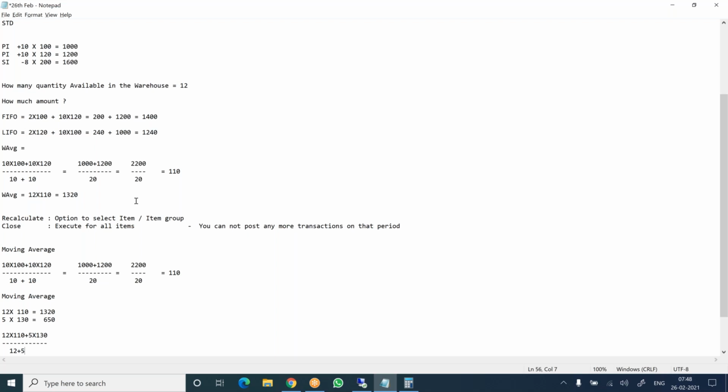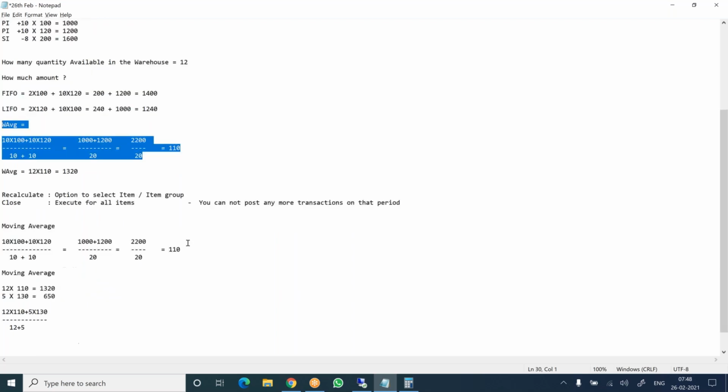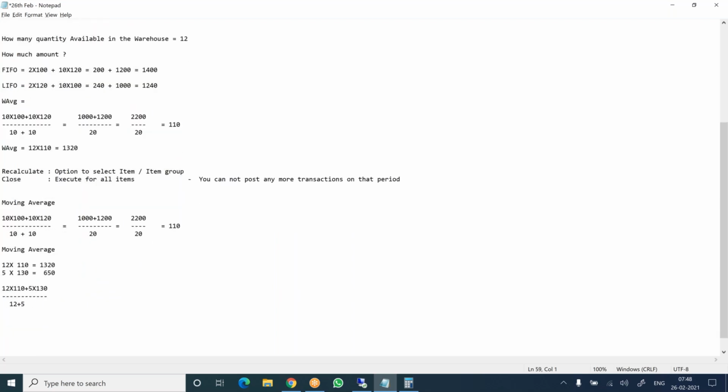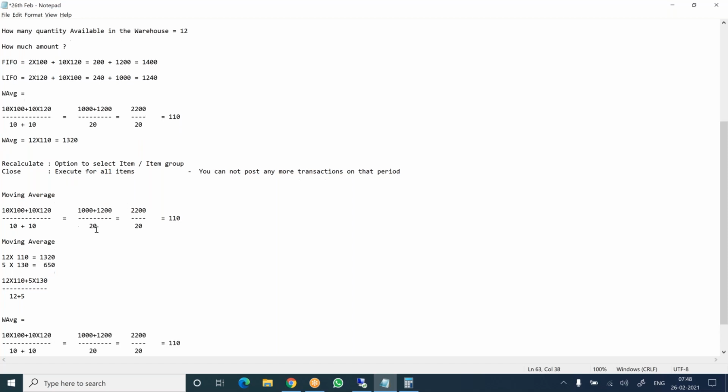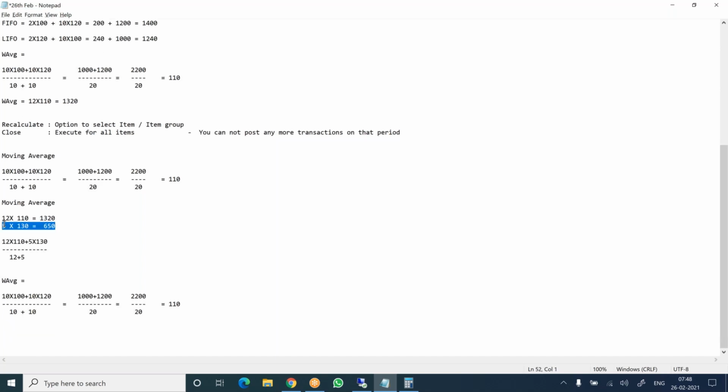If it is a weighted average, then it is a big task. Like this. Getting my point? Yes, yes. This is the weighted average calculation. This is the moving average.